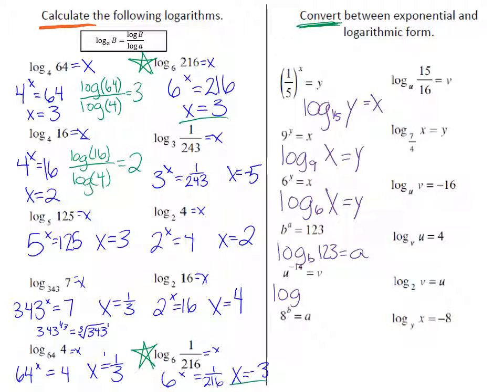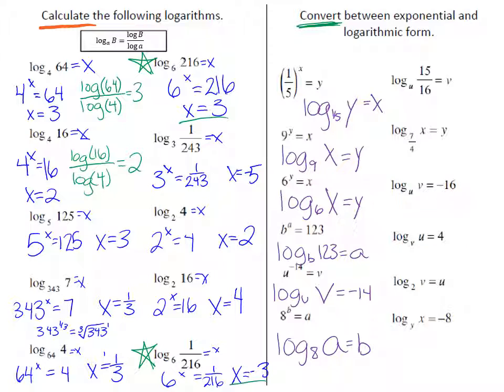So notice, if you just keep repeating yourself over and over, that conversion is going to be easier to remember every time. Let's take a look at the right side.